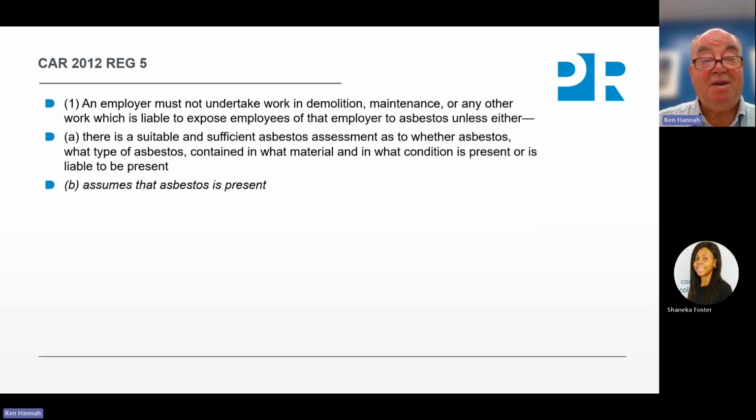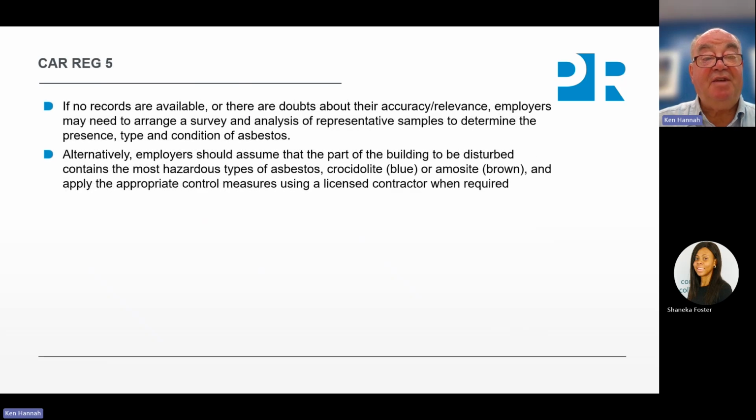Always assume that asbestos is present unless you know for sure it isn't. If no records are available or there are any doubts about their accuracy, employers may need to arrange a survey and analysis. Well, actually, they will need to arrange a survey or analysis of representative samples to determine the facts. Alternatively, employers should assume that the part of the building to be disturbed contains the most hazardous type and apply the appropriate control measures using a licensed removal contractor.